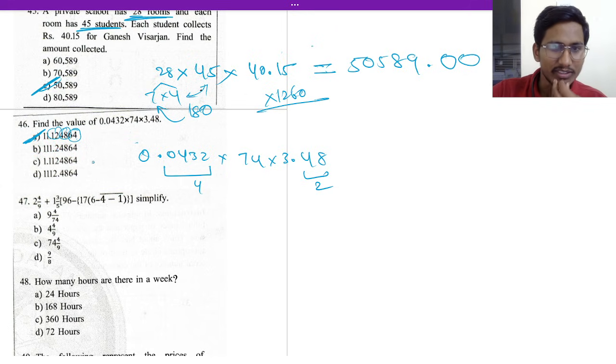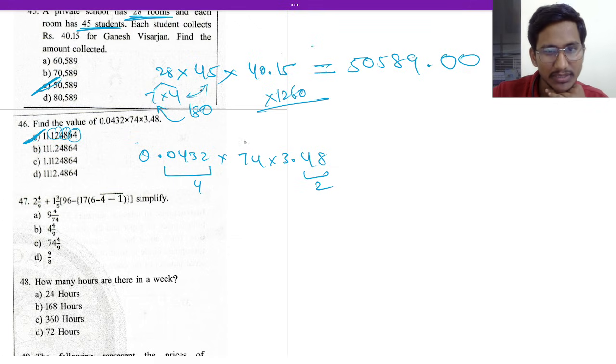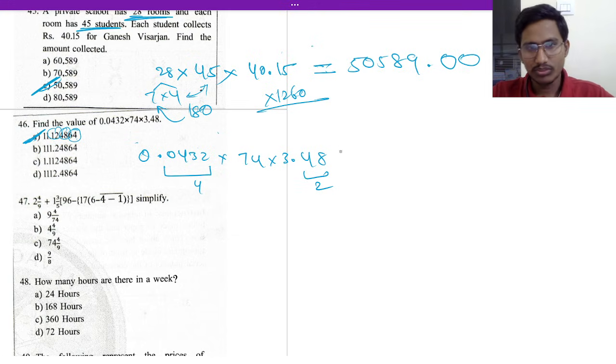Okay, good. So 7 twos are 14, 2 fours are 8, 8 eights are 64. Wait, let us multiply otherwise, so as not to be confused.